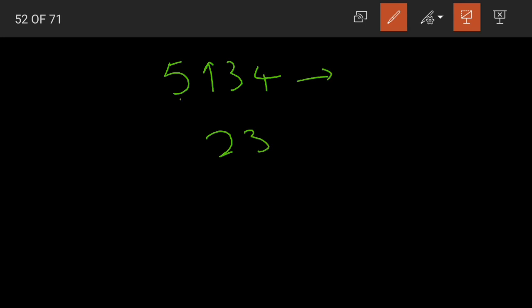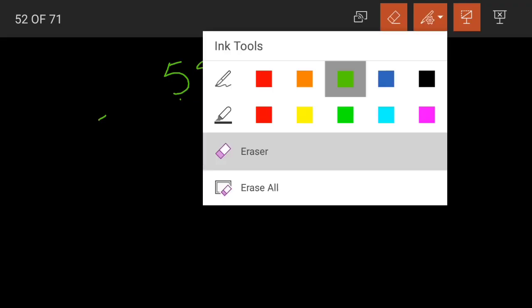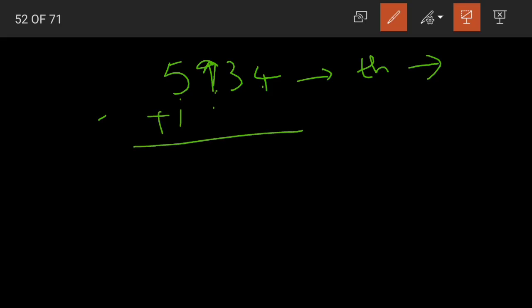Now what about 5,934 rounded off to the nearest thousands? How will we do that, children? Look at the digit in the hundreds place. It is 9, that is, it is greater than 5. So what will we do? We'll round up. That means add 1 to the digit in which place? Thousands place.